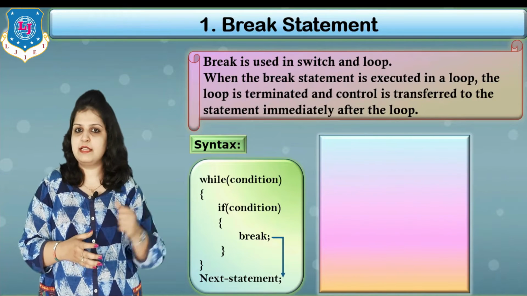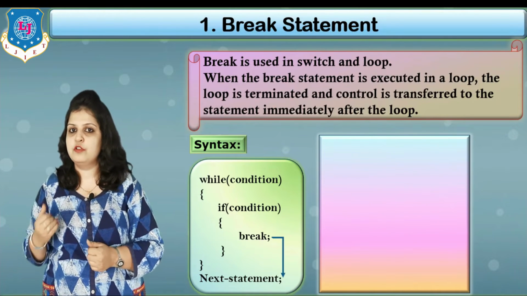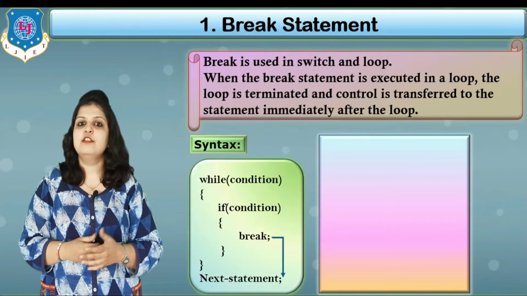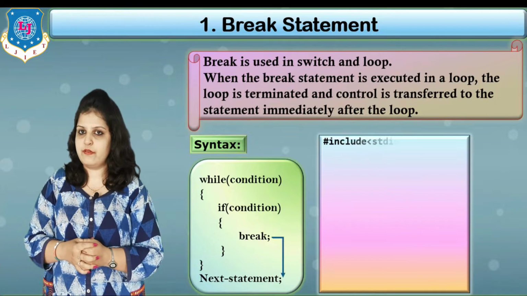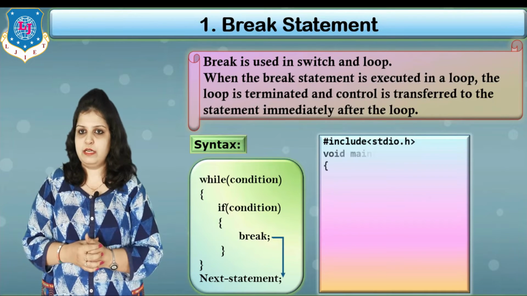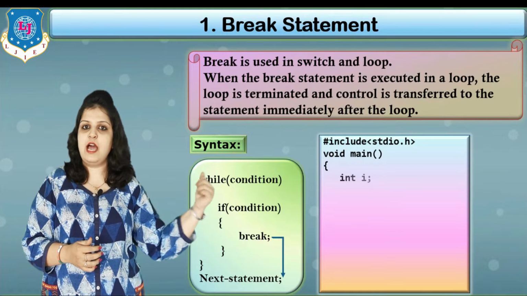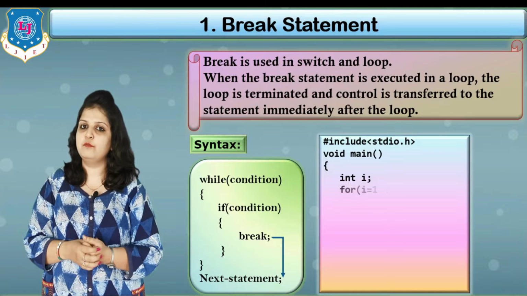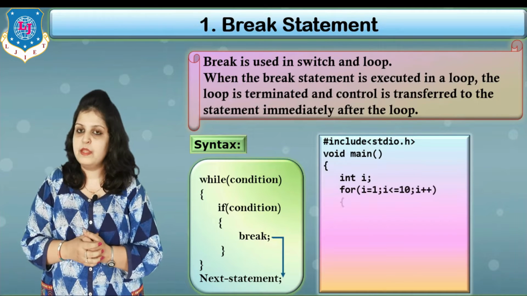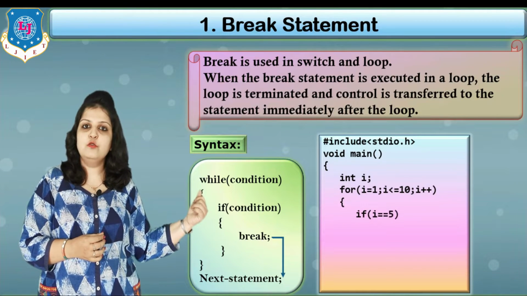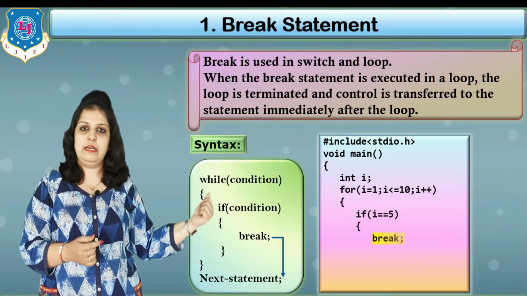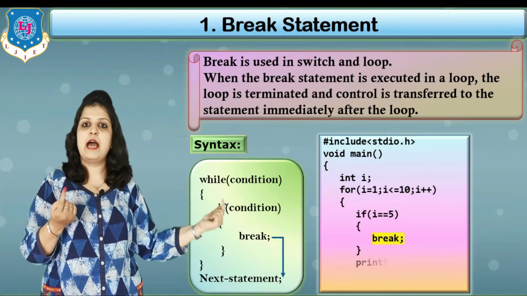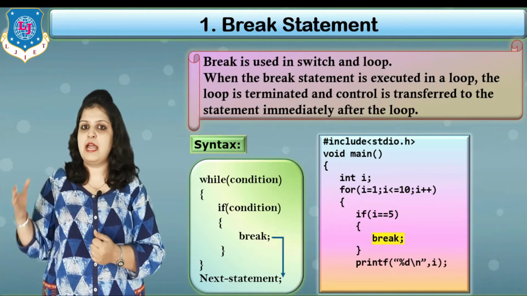How can we write the program? Just to see one example, and what the output will be using the break statement. First of all include the header file, then void main, then integer i as one variable. Here I am using a for loop, you can use any type of loop, and here the loop range is i equal to 1, starting from 1, and i less than or equal to 10, ending at 10.